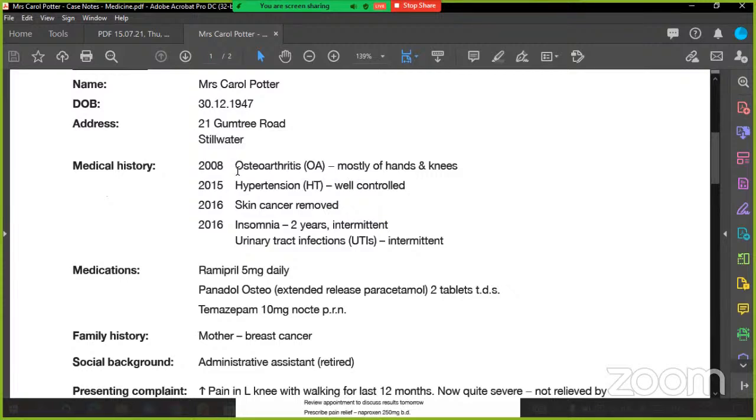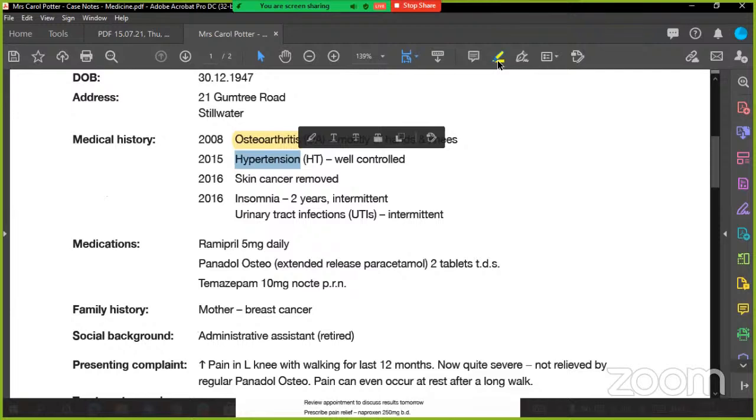This is one. Next, hypertension. This is two. Well controlled. So now also it is there, but controlled. Then skin cancer removed, insomnia 2 years.